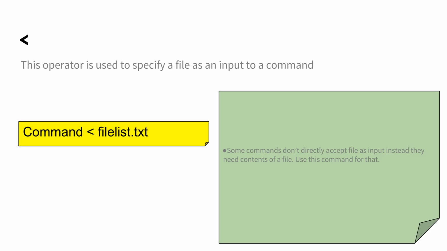And then input. Again, most of the commands actually accept a file name as an input. I haven't seen many commands using this, but you can pass a file as an input to a command in this way. So it's for commands that don't accept files as a parameter. You can use this one.